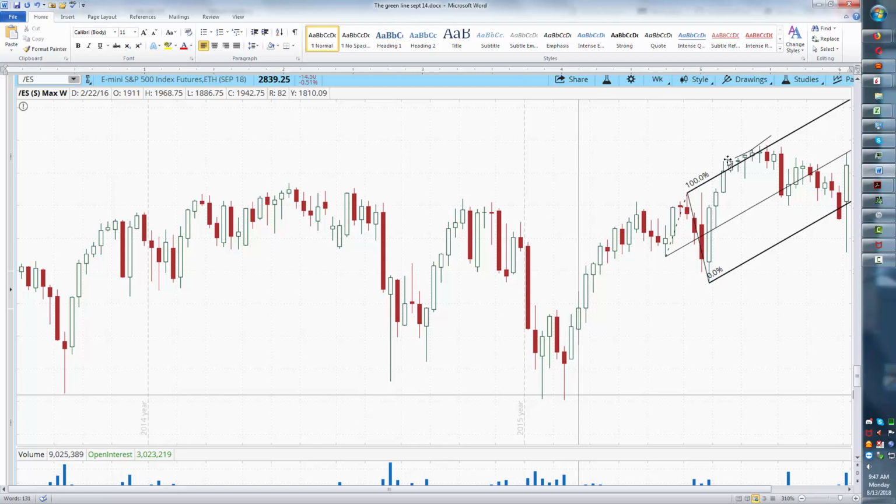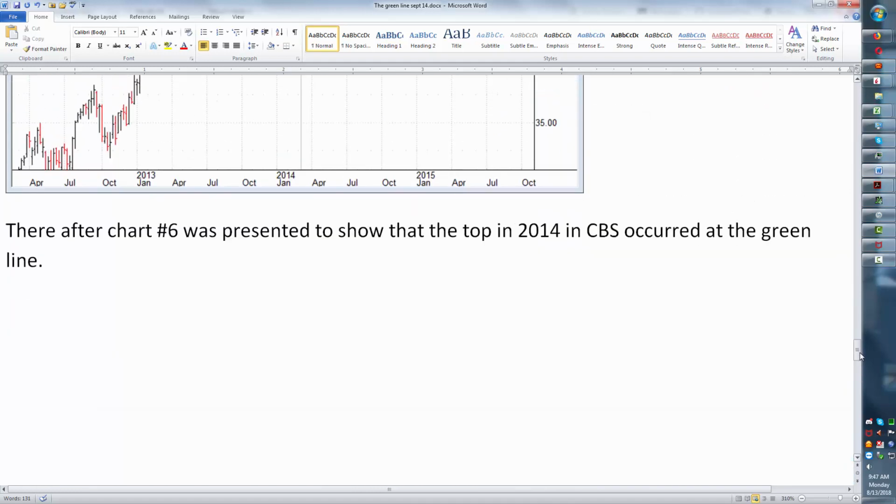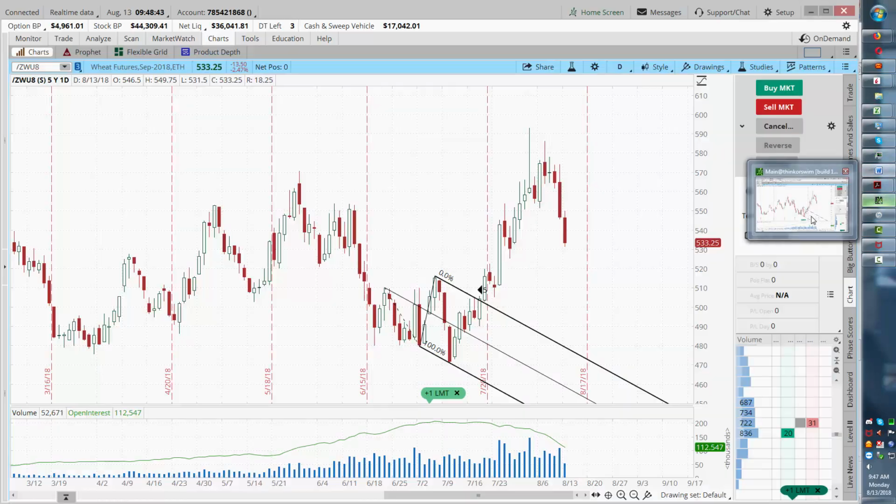This is the S&P 500, and upon seeing this, you would have been able to predict this down move here. So we're going to get into that. Before we do that, we're going to go over some quick basics.